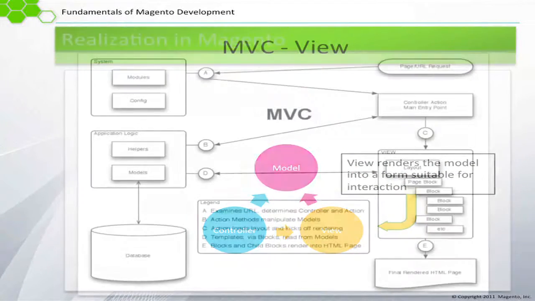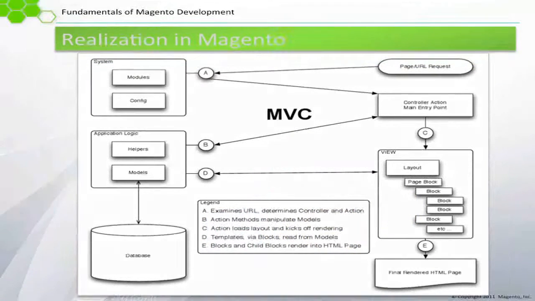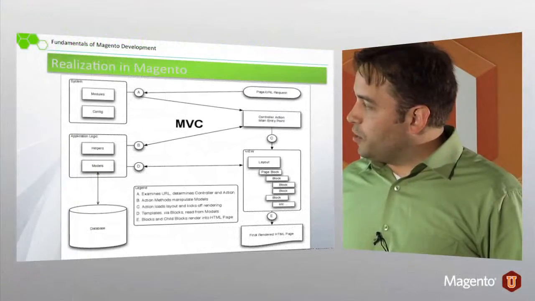And here is a nice flow chart of how that works. So again, the browser hits the server. The system evaluates its configuration, either from cache, or if you have caching disabled, it will evaluate it every time. Then we get into our controller layer. Our controller will kick off the layout.